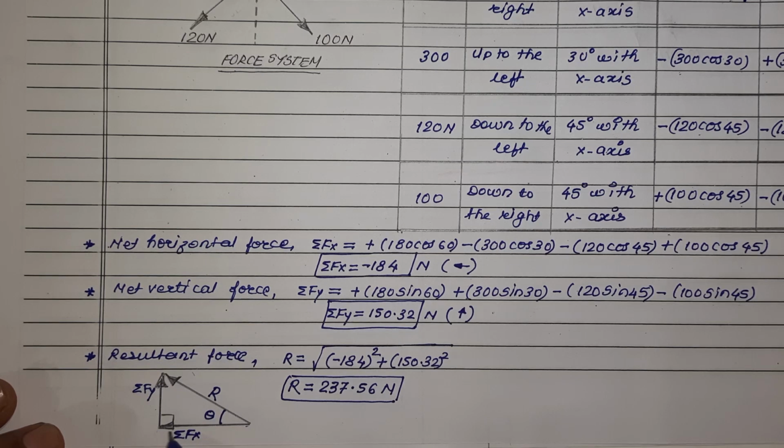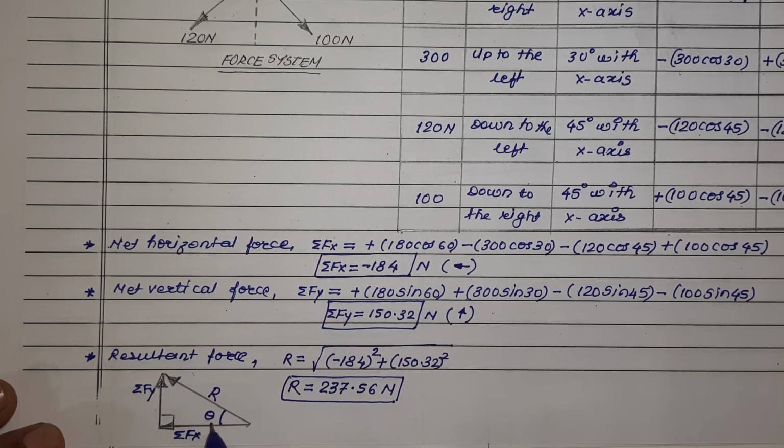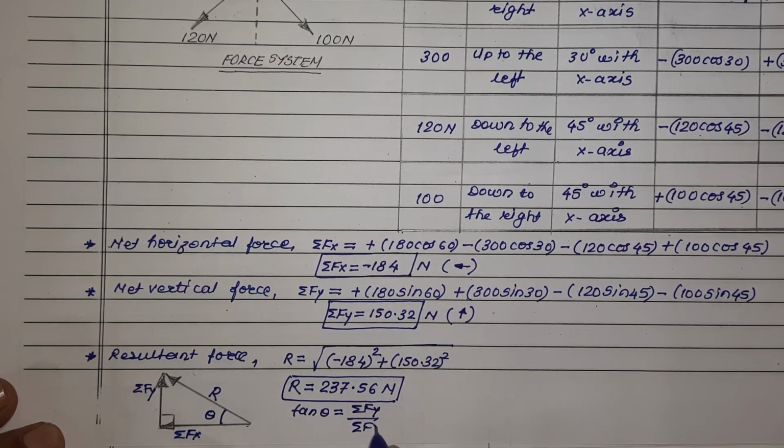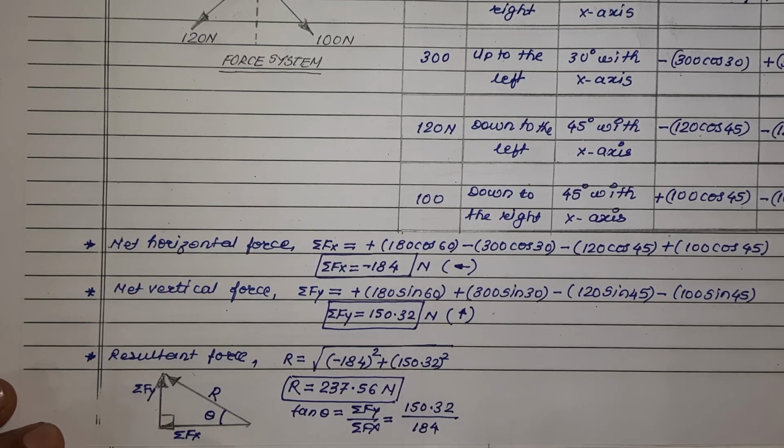Using the same force triangle, we can find out theta, that is the direction of resultant force or the angle made by the resultant force. Here, tan theta is equal to summation Fy divided by summation Fx, which is equal to 150.32 over 184.